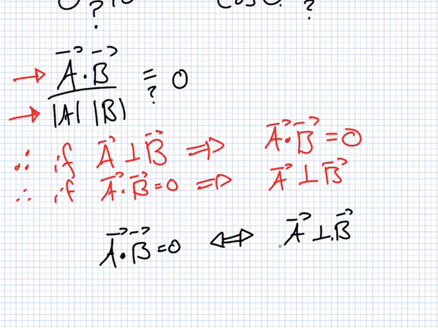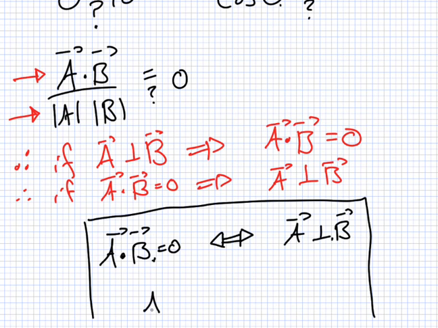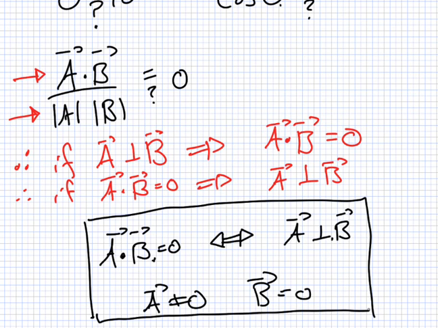So if they're perpendicular, they must have a dot product of 0, and if their dot product is 0, then they must be perpendicular. But don't forget, this is all true as long as you're not doing anything silly like having 0 vectors. As long as the vectors are not 0, the dot product provides a very convenient way to check if two vectors are perpendicular. Something again which is a section A question.